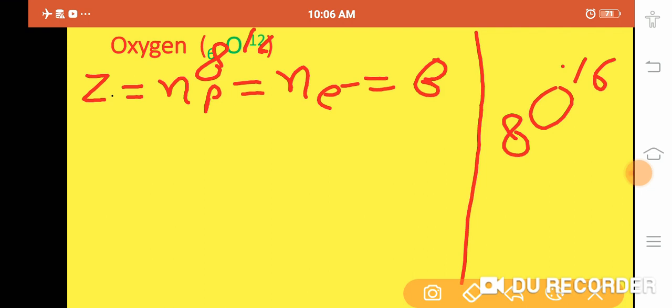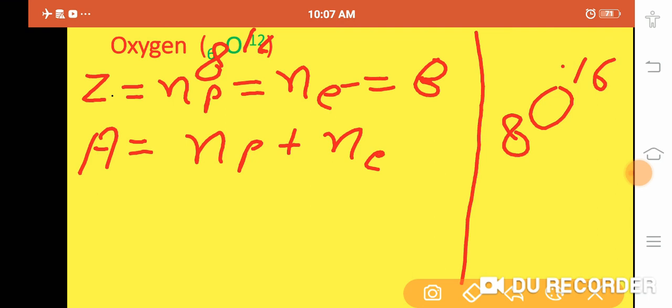Okay students, so number of electrons is equal to number of protons is equal to atomic number of oxygen, which is 8. So what is the mass number? Mass number A is equal to number of protons plus number of neutrons.